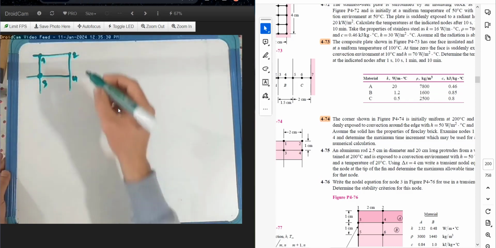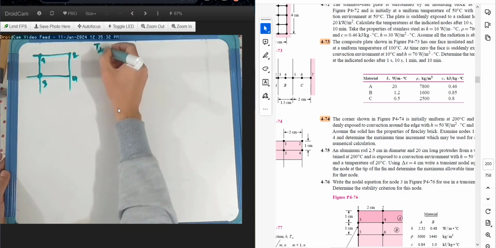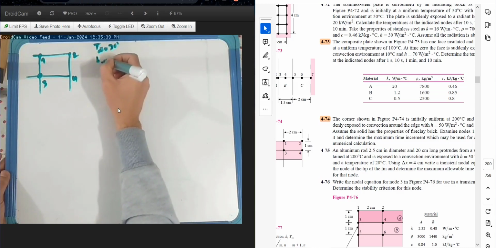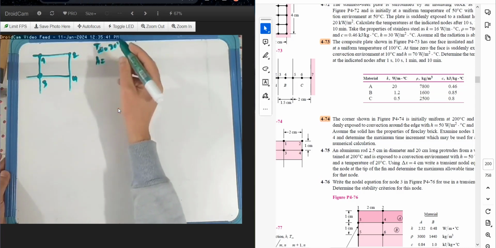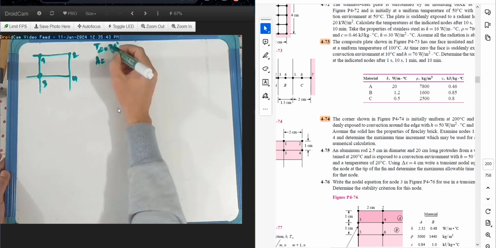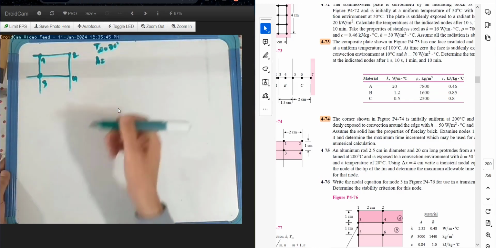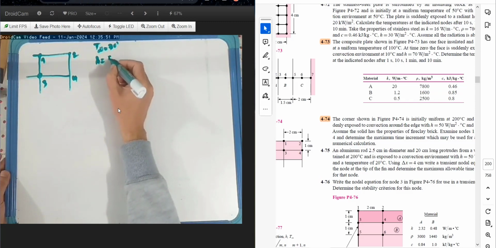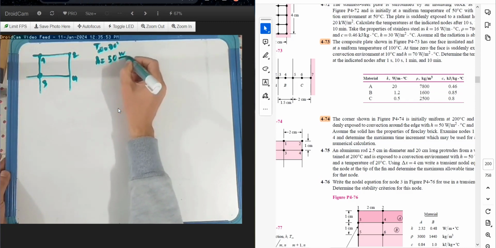T infinity will be 30 degrees Celsius, and this h is 50 watt per meter square degree Celsius.